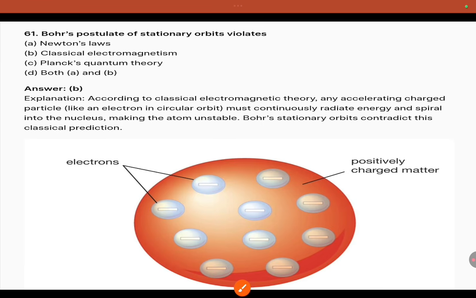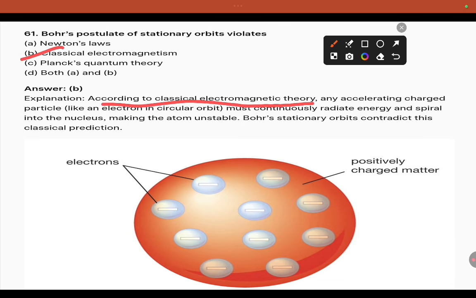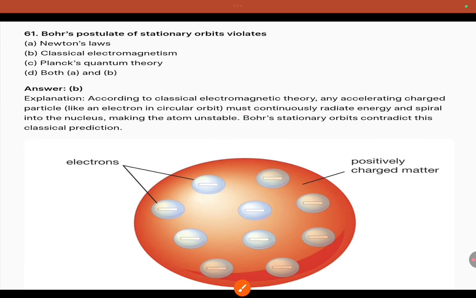61. Bohr's postulates of stationary orbit violate, that is about why it failed, classical electromagnetism. According to classical electromagnetic theory, any accelerating charged particle like an electron in a circular orbit must continuously radiate energy and spiral into the nucleus, making the atom unstable.